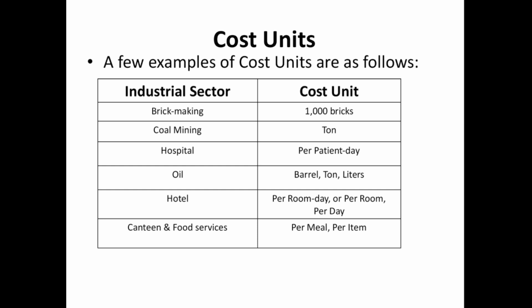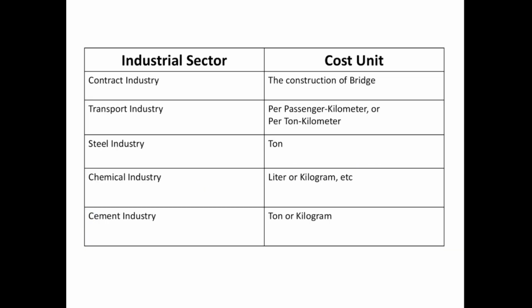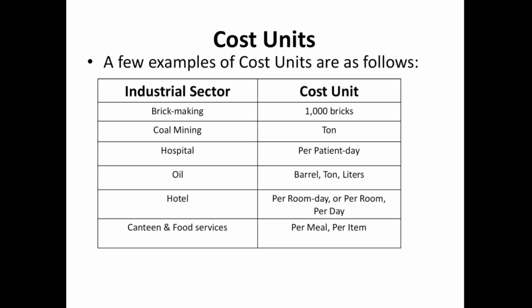In the contract industry, the construction of a bridge would form a single cost unit. In industries where identical goods are produced again and again, the batch would form a group of identical units, and to maintain its identity throughout the stages of production, it would be the cost unit.